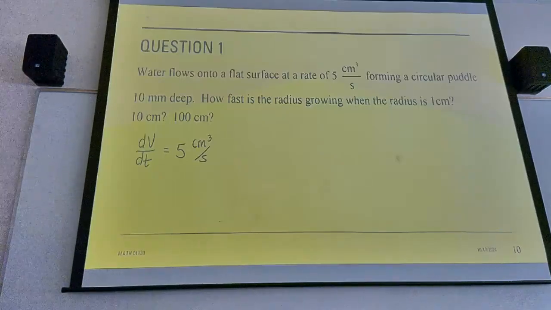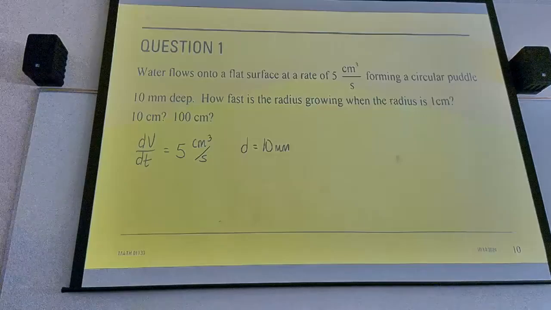What else do we know? What other value are we given? Which is what? We'll go with depth. Same thing. Yeah. We know the puddle is a circle, so we don't have to worry about the shape very much.